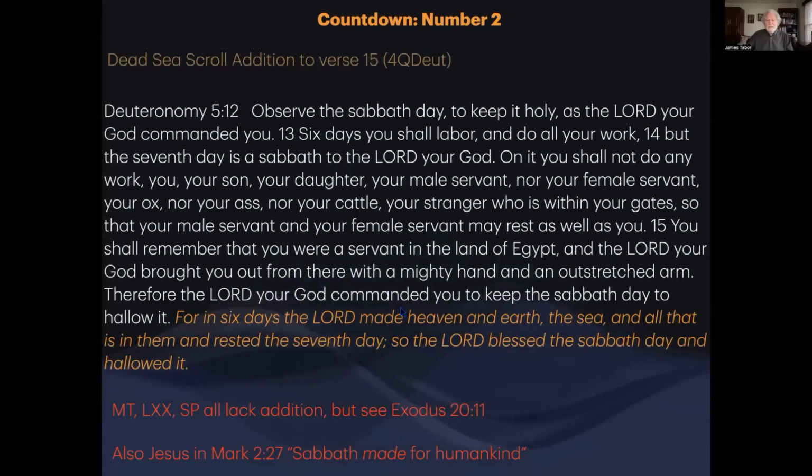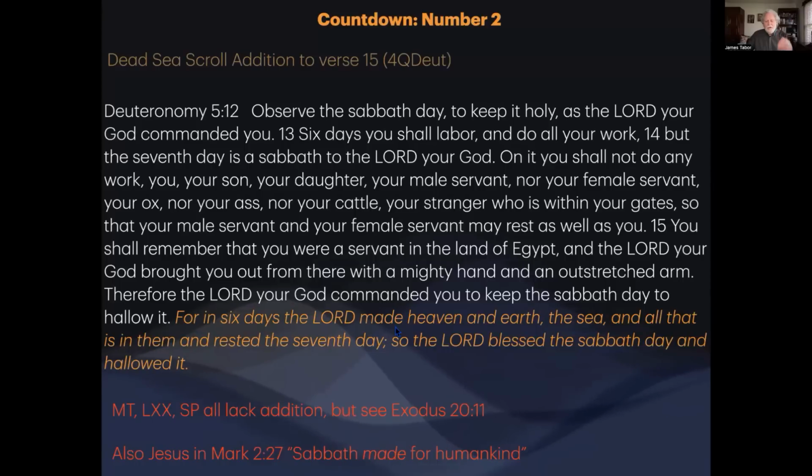So that means that it's seen as a more universal day for all humankind. Now, some of you might know the story of Jesus in Mark 2:27: "The Sabbath was made for humankind." Is Jesus reading a copy of Deuteronomy that has this in it? Because he's always quoting Isaiah and Deuteronomy.